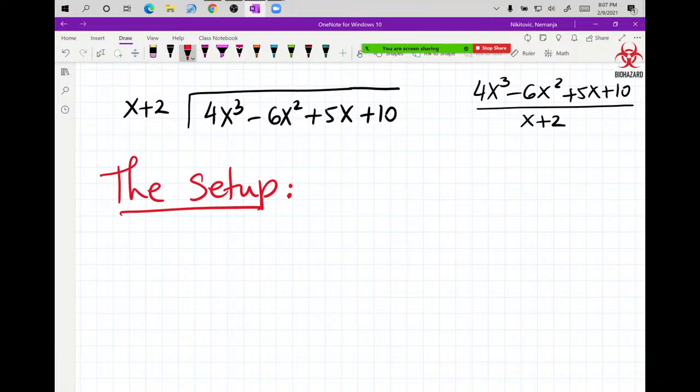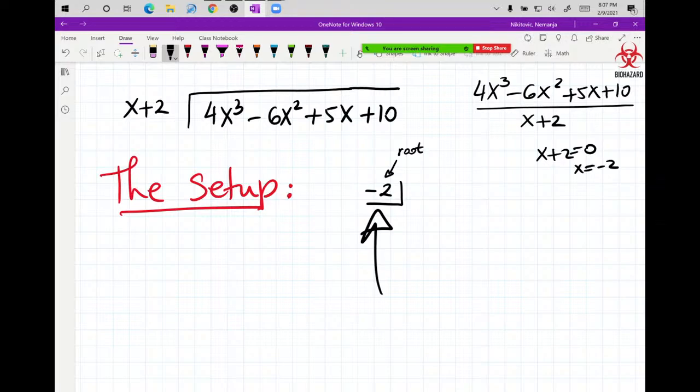No matter what you're given, you will use -2 in this box because that's a +2. -2 is the root, right? Remember when you set x plus 2 equal to 0, you will get x equals -2. That's the -2 that gets stuffed in.